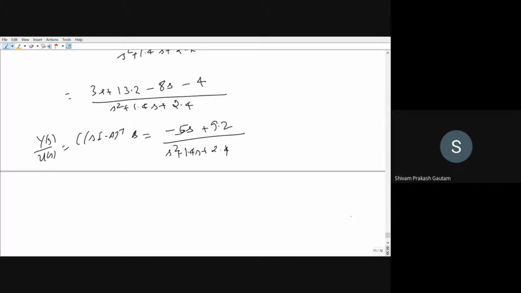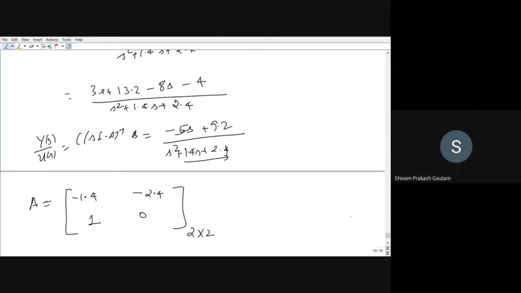Now you have to obtain its control canonical form. The A matrix will have the negative coefficients in the first row. What is the maximum order? You can see here 2 is the maximum order, so the dimension will be 2 cross 2. So this will be minus 1.4 and minus 2.4, and the next row will be 1 and 0.